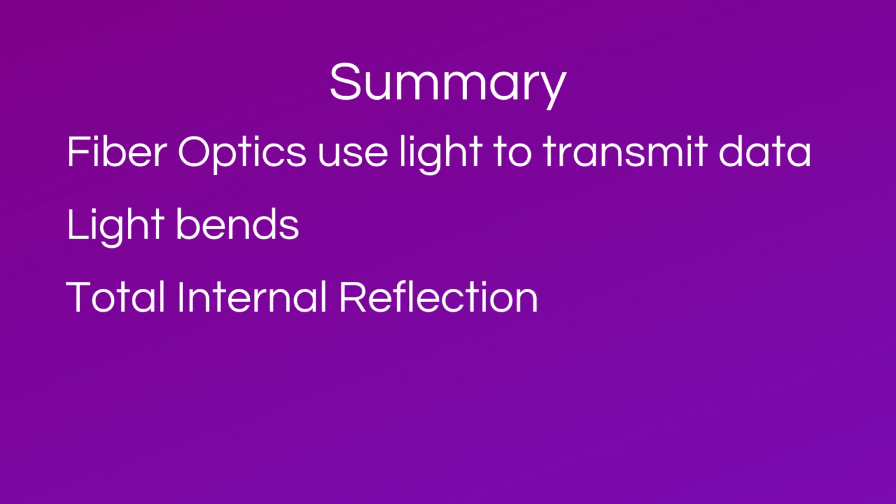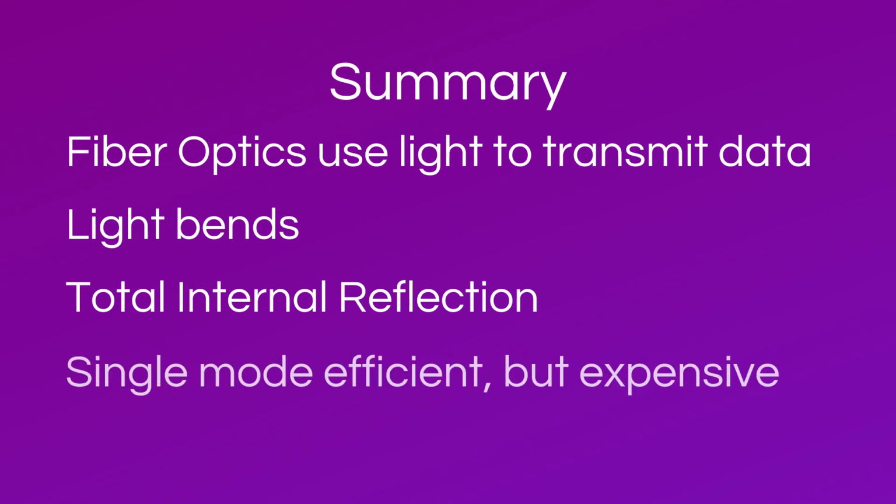Fiber optics use total internal reflection to transmit data in the form of light great distances. This is more efficiently done using single-mode fiber, but for applications that don't require light to travel very far, multimode fiber is ideal because it costs less.